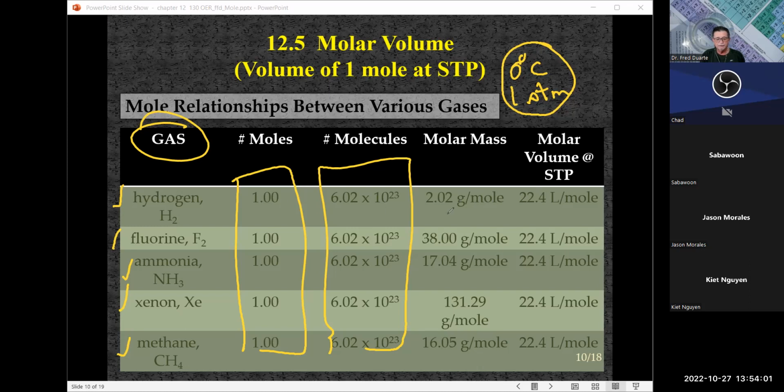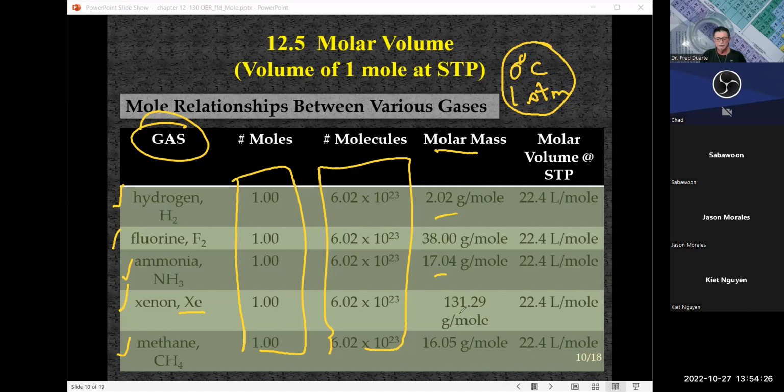Hydrogen has two hydrogens, each one at 1.01, so its molar mass is 2.02 grams per mole. Fluorine is also diatomic, so that would be 38.00 grams per mole. Ammonia, that's the one nitrogen and three hydrogens, gives us a molar mass of 17.04 grams per mole.